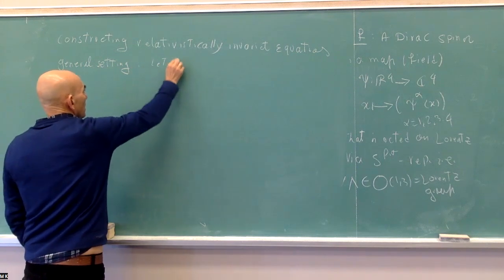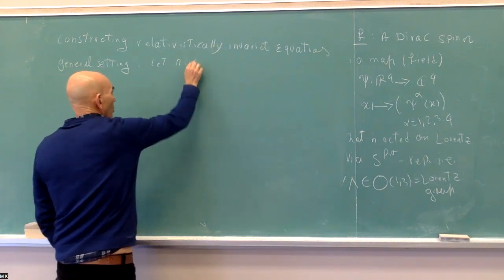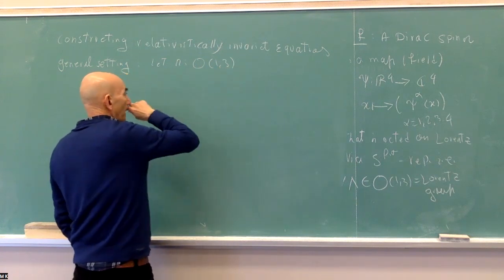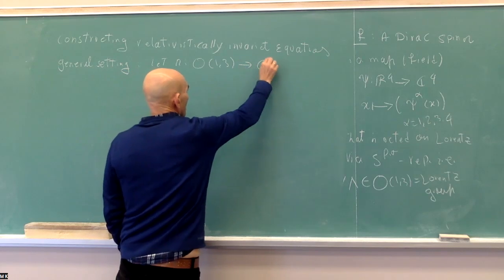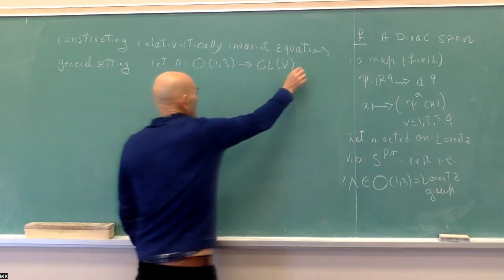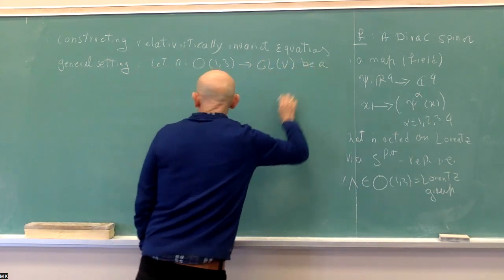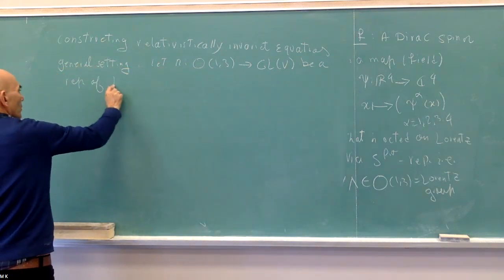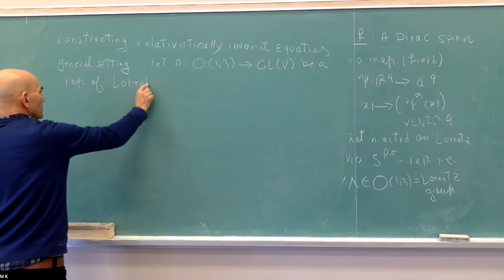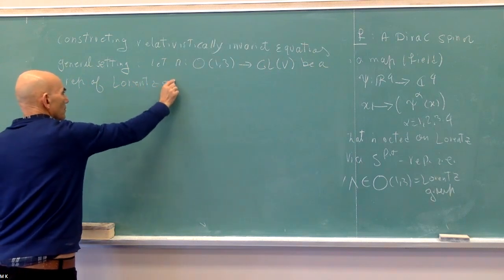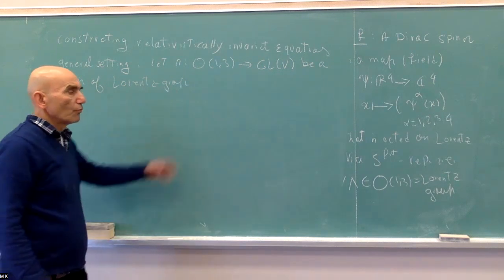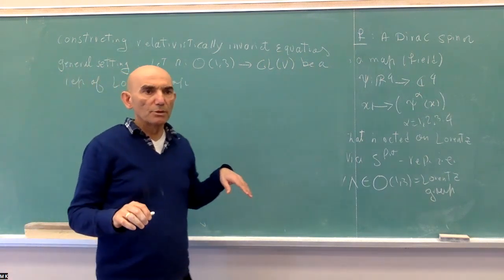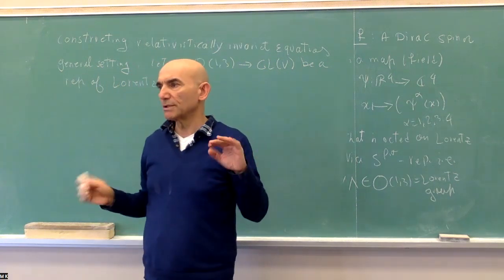Let rho from O(1,3) to GL(V) be a representation of the Lorentz group. Once you fix the representation, you can consider the following situation.